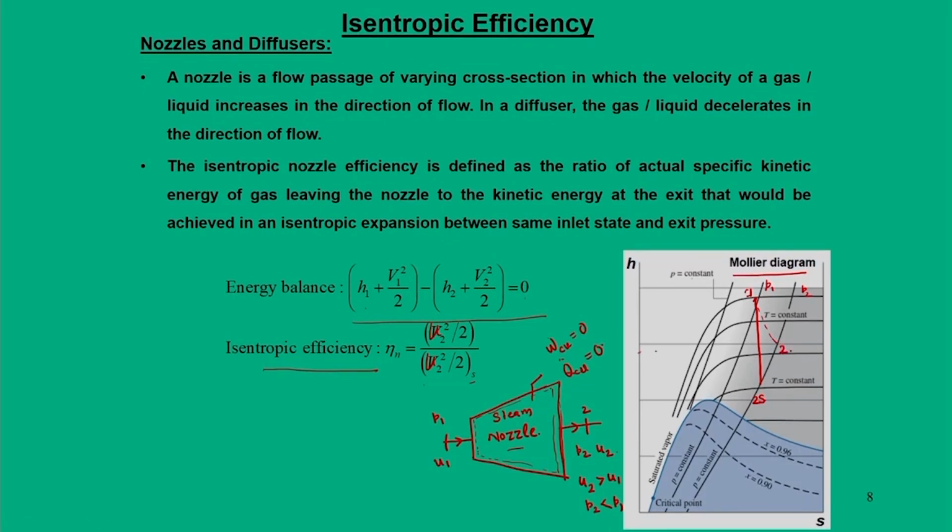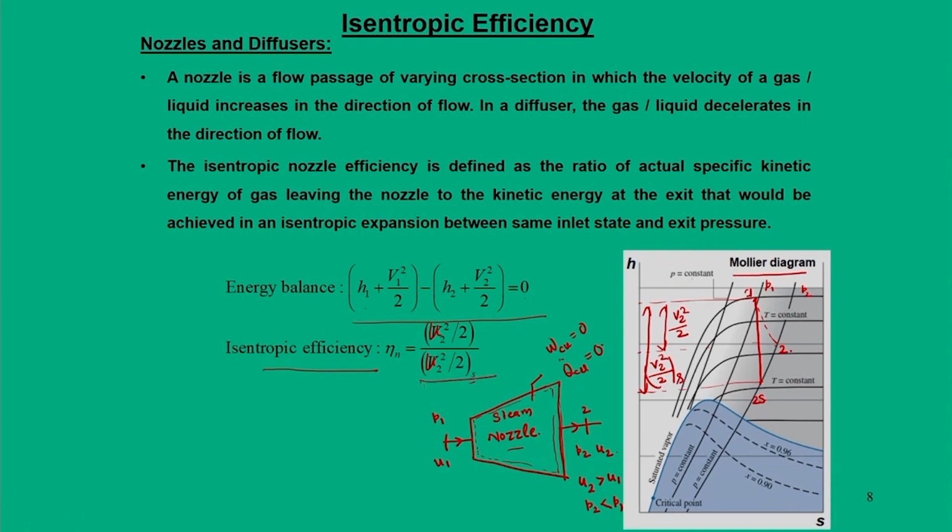So, this particular term or scale will be V2 square by 2, and this particular term will represent V2 square by 2 if the process is isentropic.